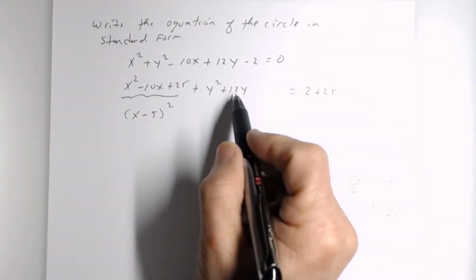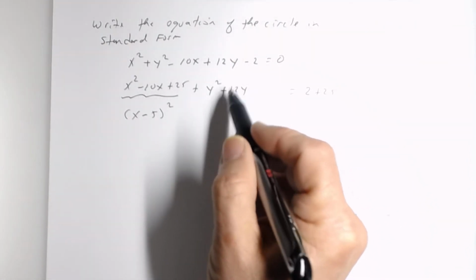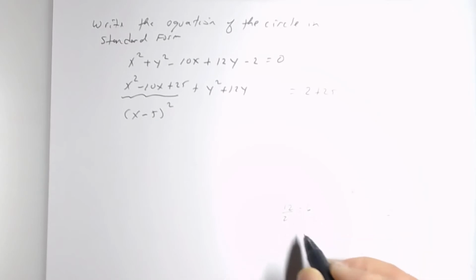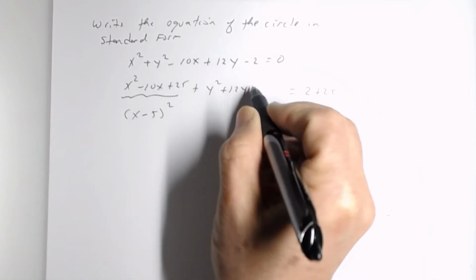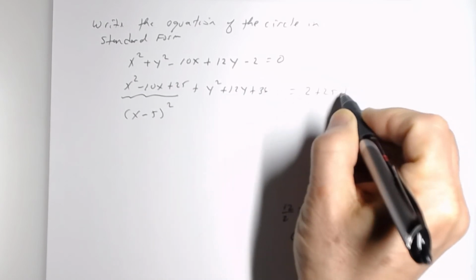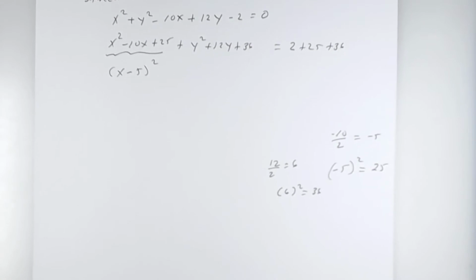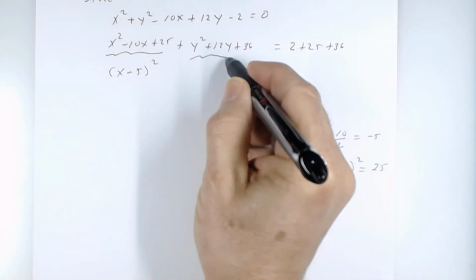All right, over here, you're going to take half of what number? 12. So half of 12 is 6, and then you square 6, and you get 36. You add that to both sides. And so this should now be a perfect square trinomial.